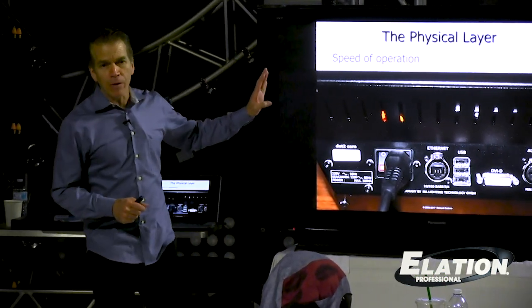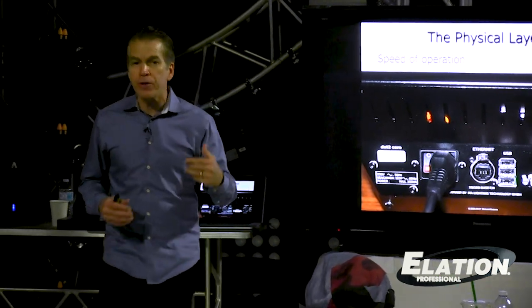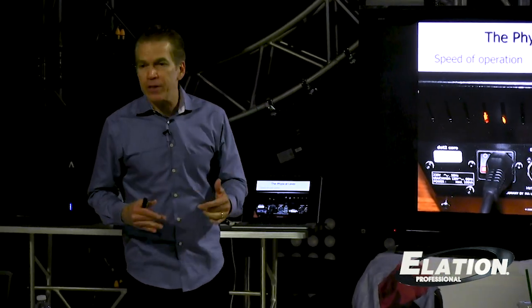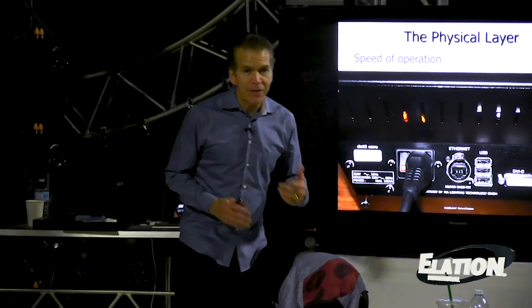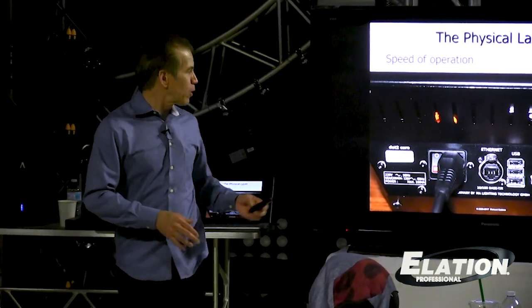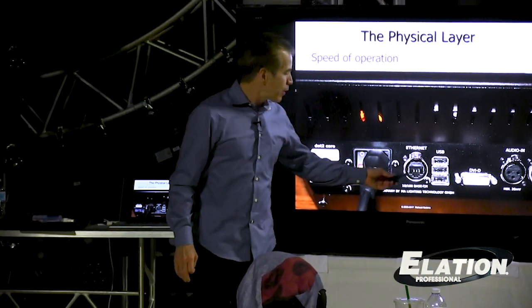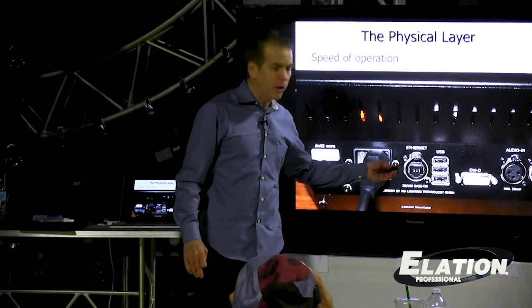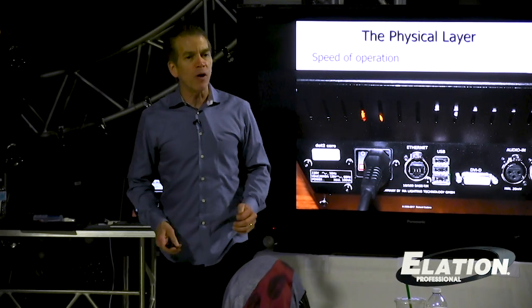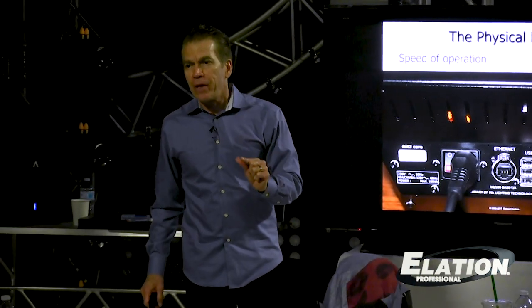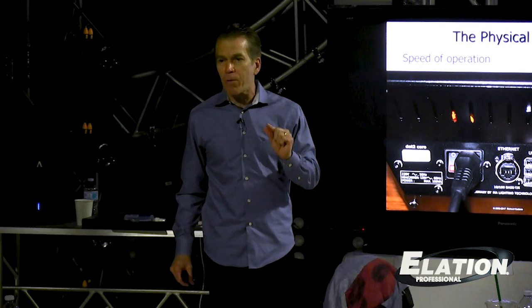The physical layer will also determine the speed of operation of the network, because again, the network is only as fast as the slowest component on the network. So if you look on the back of some consoles or some devices at the Ethernet connector, this is connected to the network interface card, and the network interface card has electronics on it that are limited in the amount of bandwidth they have and the network speed.